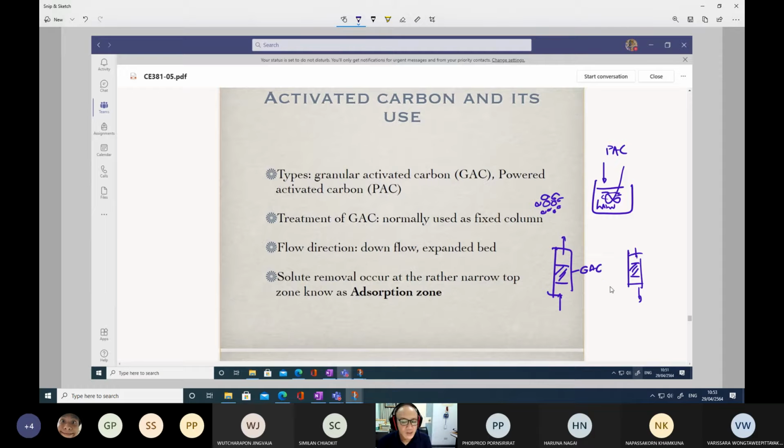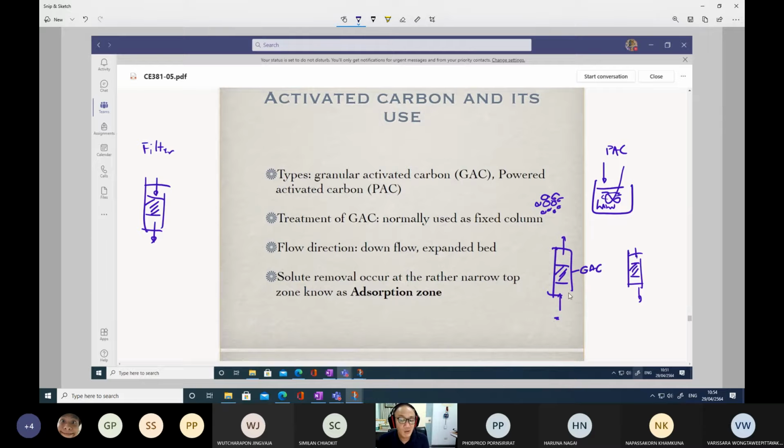If I asked you which one is better in the case of adsorption, downflow or upflow? For a filter, we prefer downward movement, because we can make use of gravitational force to bring all the water through this media. For a filter we prefer downflow, but for activated carbon we prefer upflow.